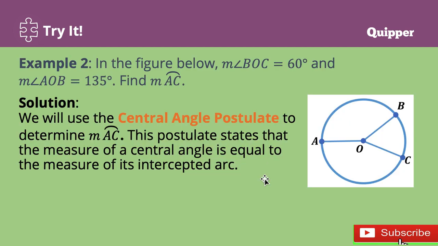Here's the solution. We will use the central angle postulate to determine the measure of arc AC. This postulate states that the measure of a central angle is equal to the measure of its intercepted arc.